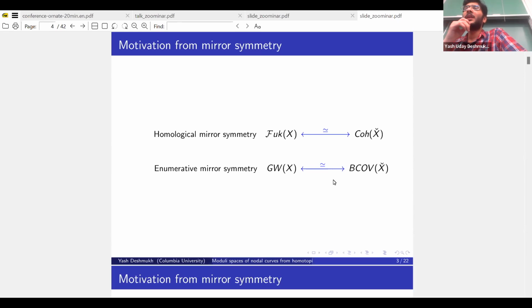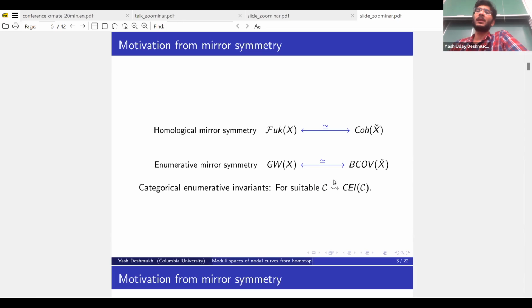So if homological mirror symmetry, the categorical formulation, is supposed to give you something more, you should definitely be able to recover the enumerative mirror symmetry from homological mirror symmetry. And this question, or rather this program, was somehow implicit in Kontsevich's original proposal.